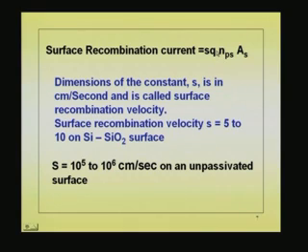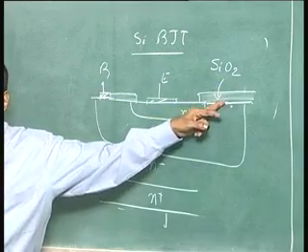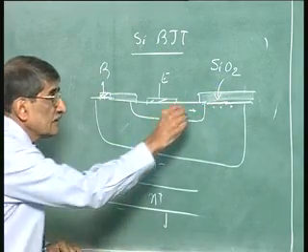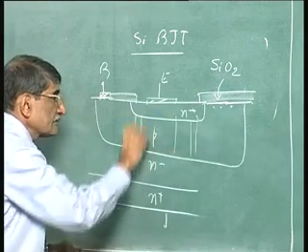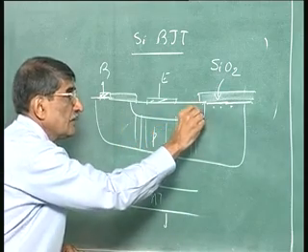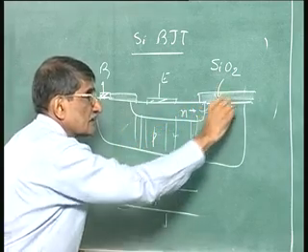And S is a proportionality constant, proportional to the carrier concentration multiplied by the area over which the recombination takes place. Okay. If you see here, that is the area where recombination is taking place, because all the carriers which are injected are flowing like this, but many of them go into that like this.